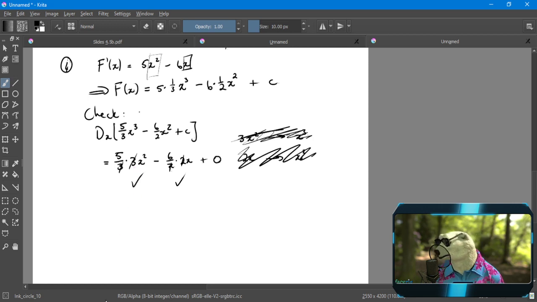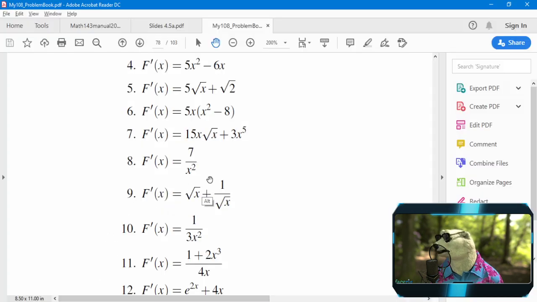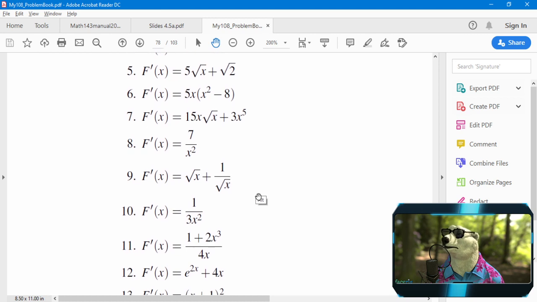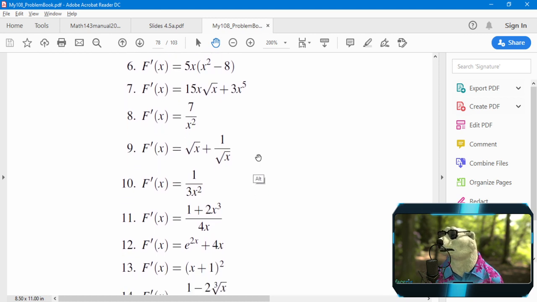All right. We'll just keep going. That's all we're doing for today, getting used to this antiderivative concept. If we look at something like number 6, 5x times x squared minus 8.